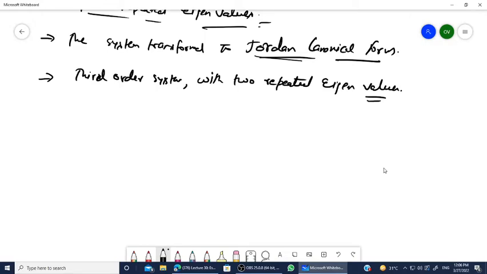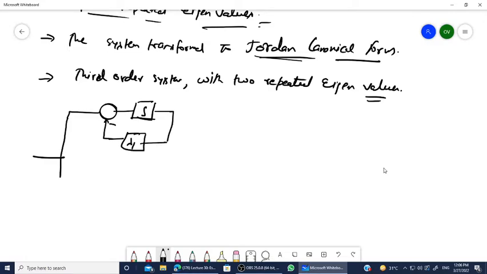Okay, so I am drawing the Jordan canonical form. And you know how this is going to be represented, right? Minus lambda 1, which is nothing but s plus lambda 1. This is x2 dot, right? Come to the next.